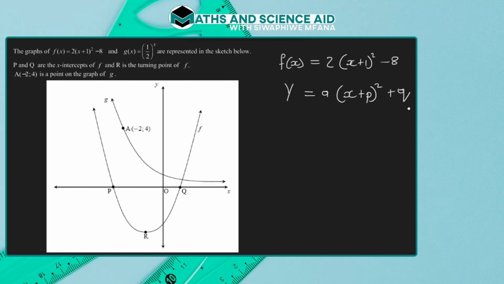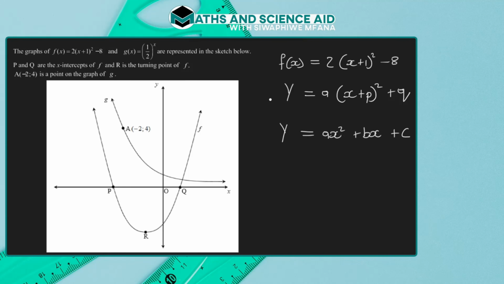And of course, this can be obtained from the standard form of the quadratic equation, y is equal to ax squared plus bx plus c, by completing the square.